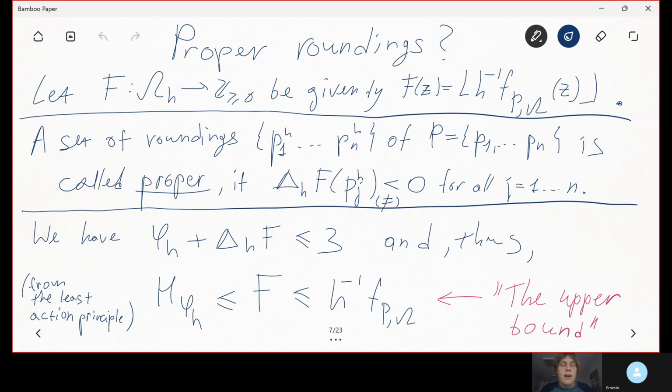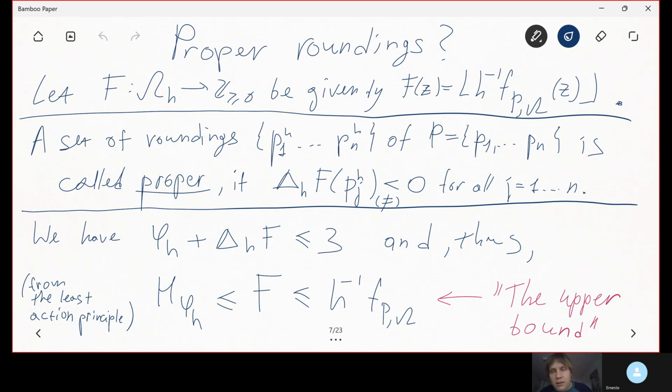So now there is this ugly point that I really need to clarify. It's about proper roundings. So first we define the auxiliary function big F, which is the discretization of F_P omega.